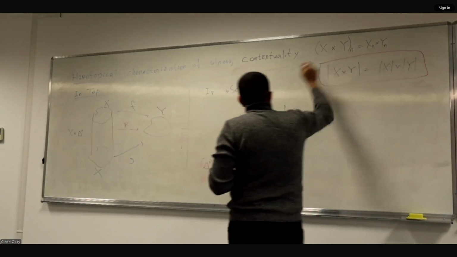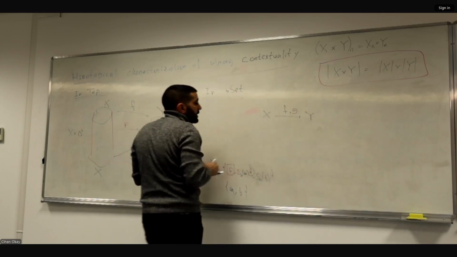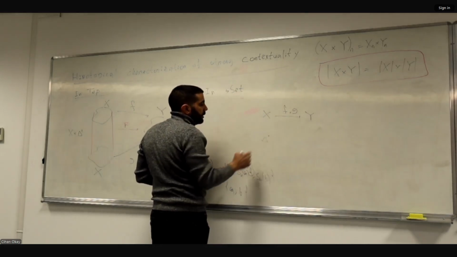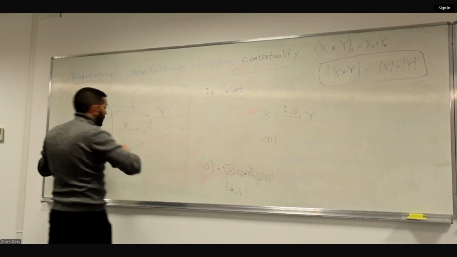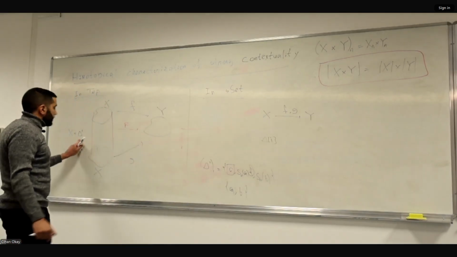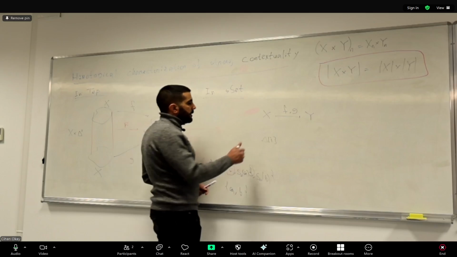That's why we can define the cylinder in the same way by taking this delta 1. This is a topological space, and this is a simplicial set.